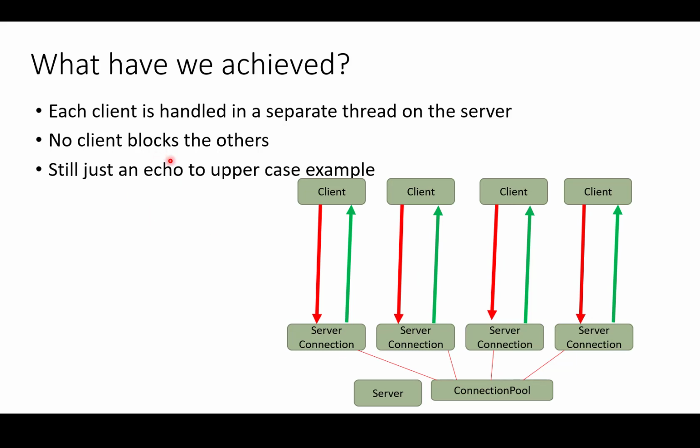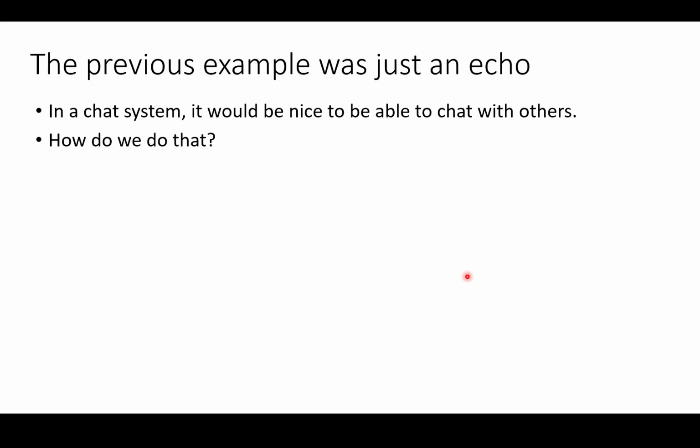So what we want to achieve next is this part here, we'll get to that, but if one client sends something, the server must send that back to all the clients, right? So that's really a strong feature in a chat system, fairly necessary if you have a chat system you want to be able to chat with others.